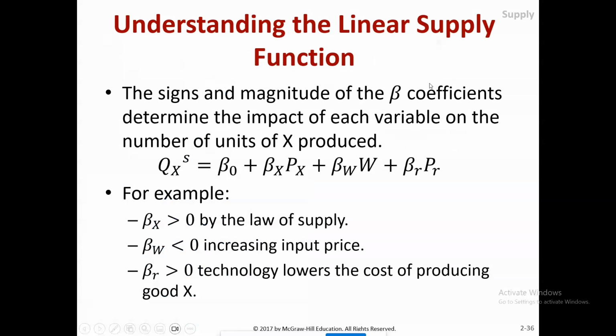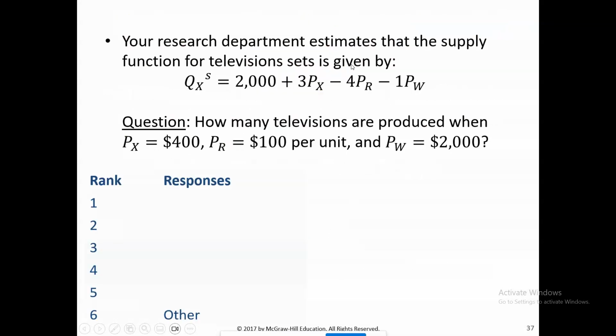PW here, generally speaking, is input price. PR depends on what type of related products it is.